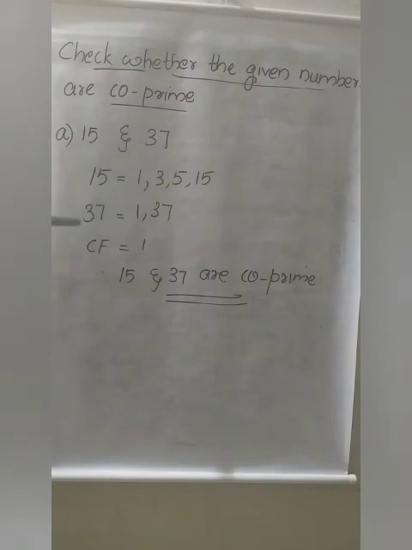Since 37 is a prime number, we know it will have only two factors: 1 and the number itself, that is 1 and 37. Now comparing the factors, what are the common factors? Only 1. Since they have only common factor 1, we can say 15 and 37 are coprime. So how are we checking for coprime? If the common factor is only 1, then we can say that the two numbers are coprime.